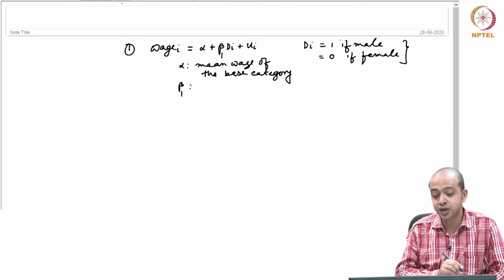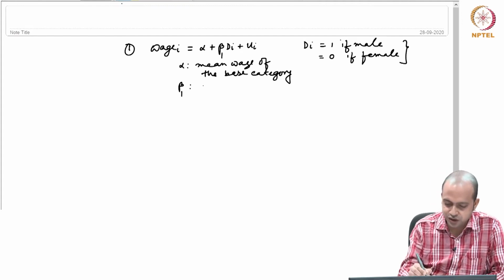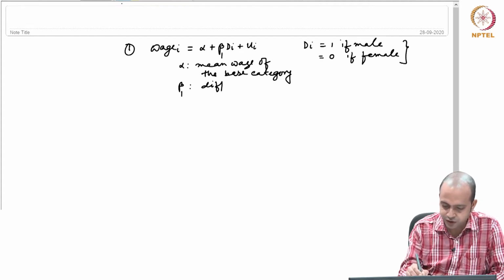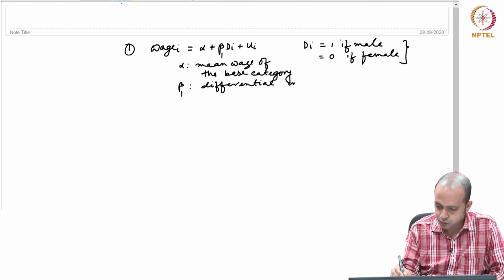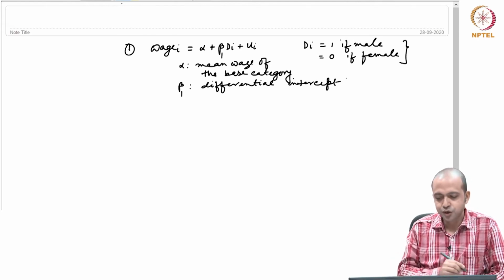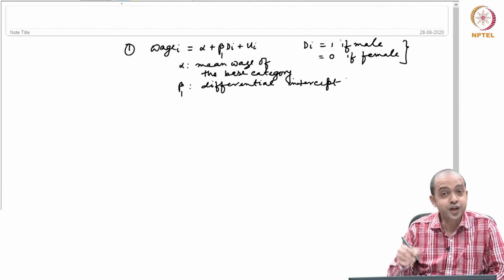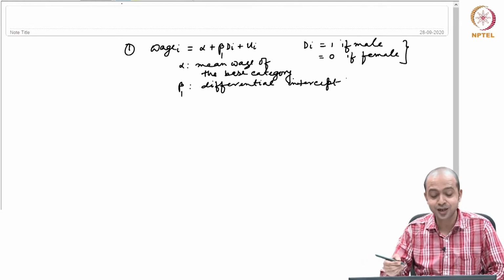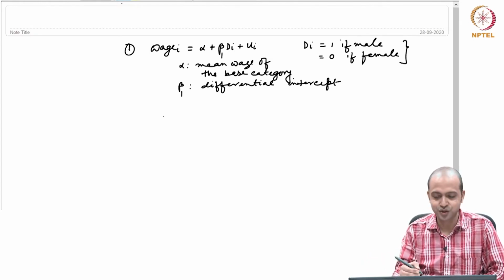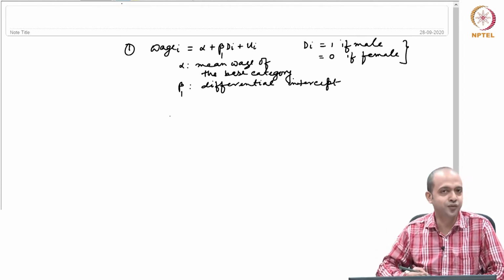So, if alpha denotes the intercept of the base category and beta 1 indicates differential intercept, you can easily understand that on an average male's salary or wage is beta 1 amount higher than the female category, very easy.